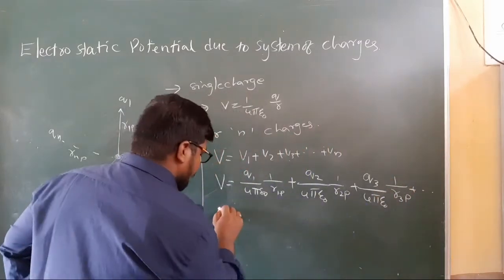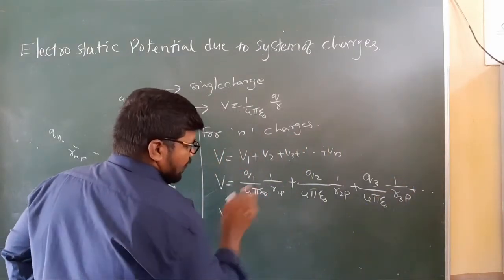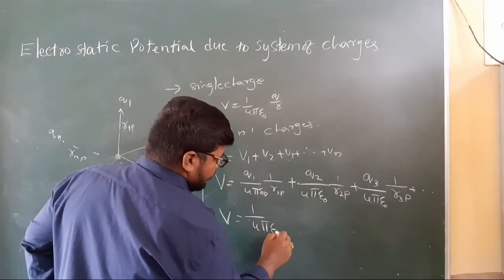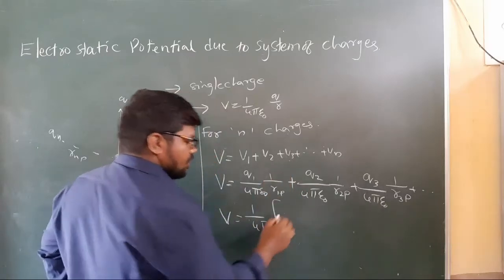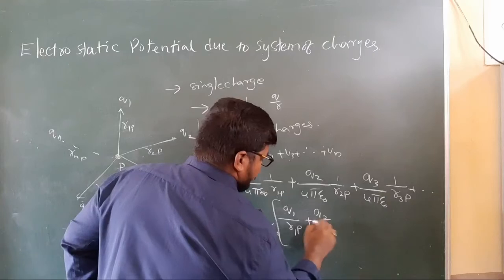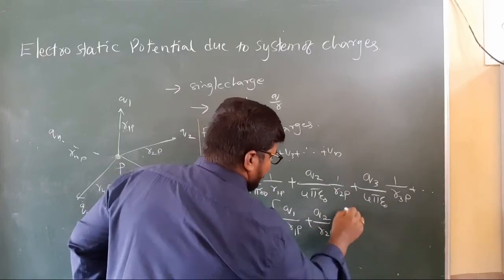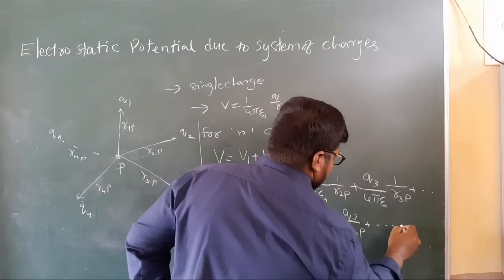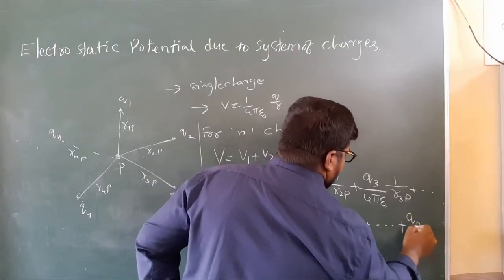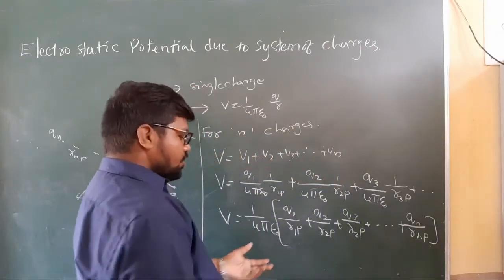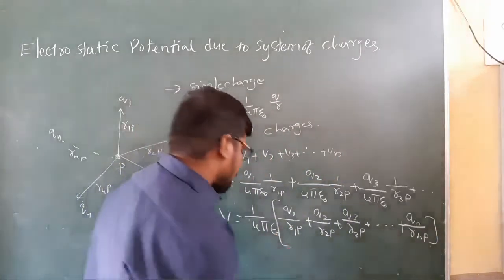Here the common factor is 1 by 4 pi epsilon naught. So we write Q1 by R1P plus Q2 by R2P plus Q3 by R3P and so on plus Qn by RnP.